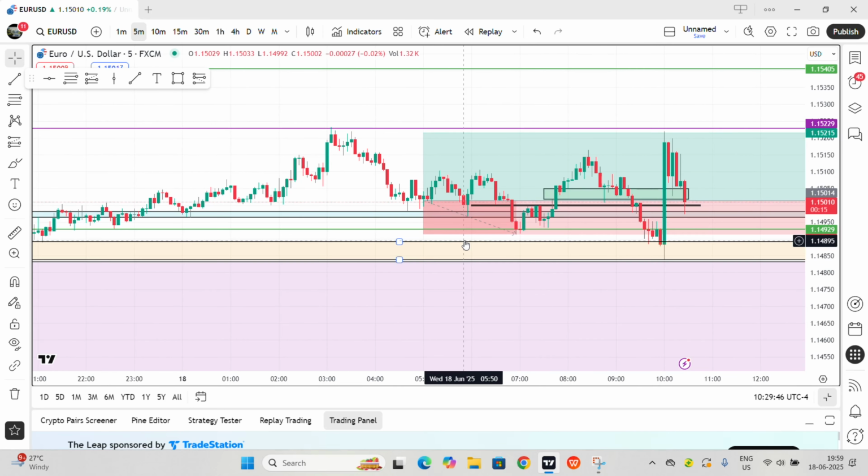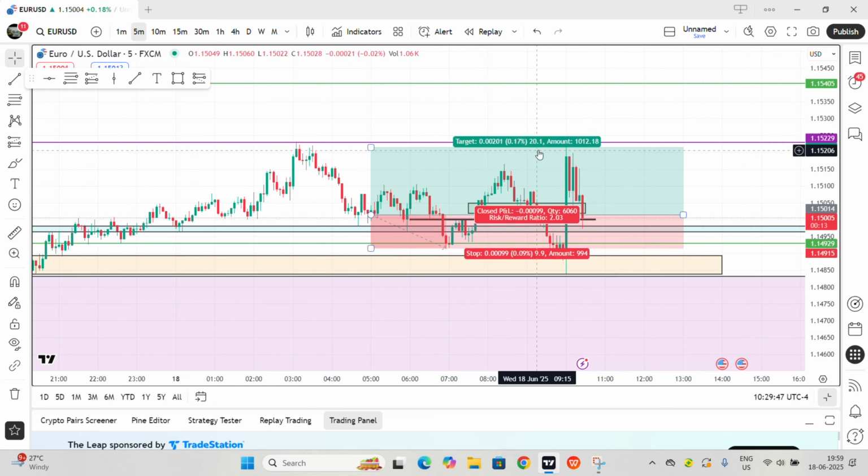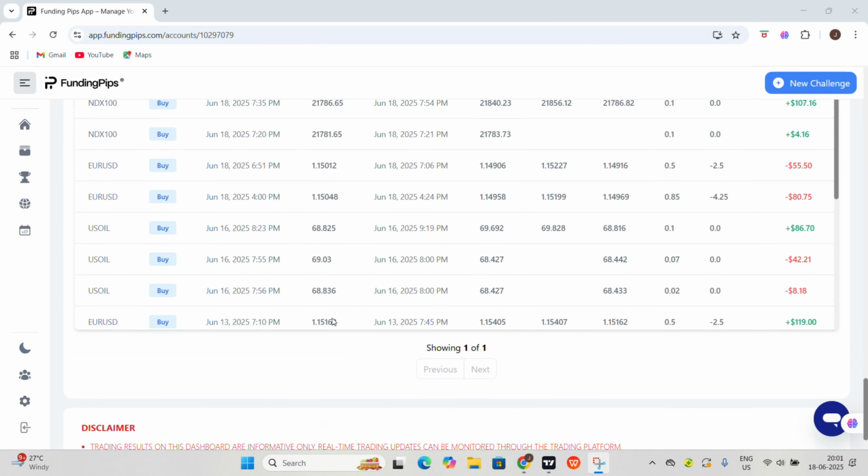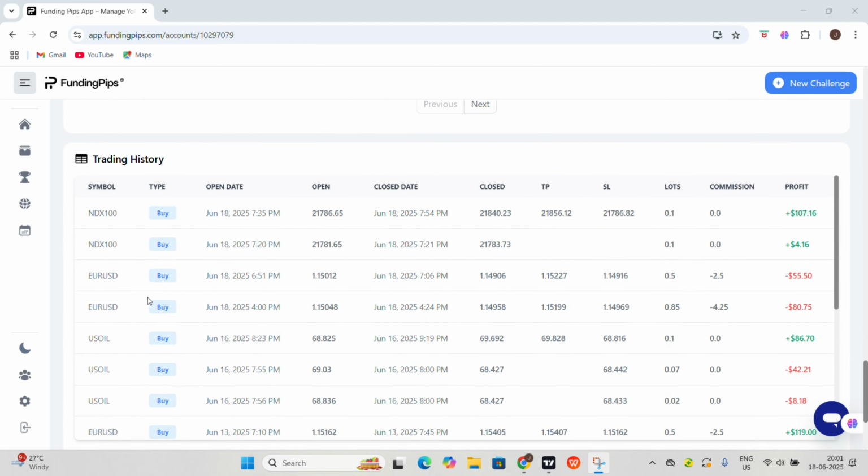2 losses for the day. I'll show you my Funding Pips account. So fellows, this right here is my Funding Pips 5k student phase account. As you can see, the trade which I took today, June 18, 2025, right here, EURUSD, 2 trades were taken. First trade was a loss of $80.75, and then the trade which I took just now was a loss of $55.50.